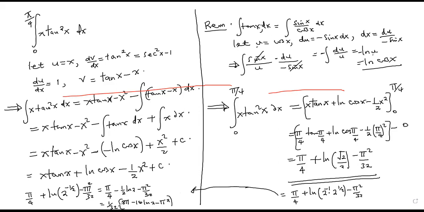That equals 1 over 32 into 8 pi minus pi squared minus 16 ln 2. A question can come when they say, show that the integral of this is equal to this, when it is a proof. So you have to be very technical in continuing up to this point. So that is what we are having.